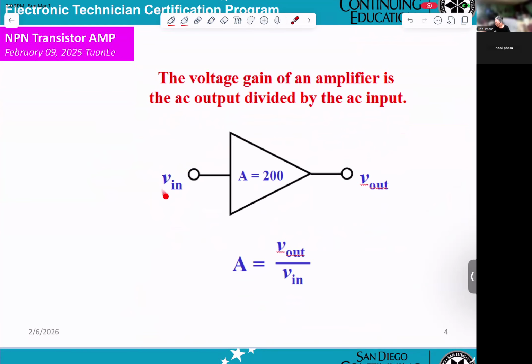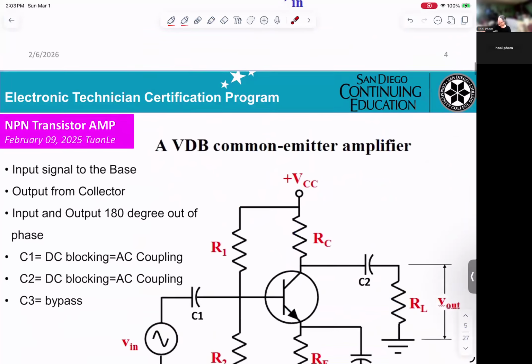For example, you get a Vin and a Vout, and the gain equals 200. Then the voltage gain A equals Vout divided by Vin. That's very simple.